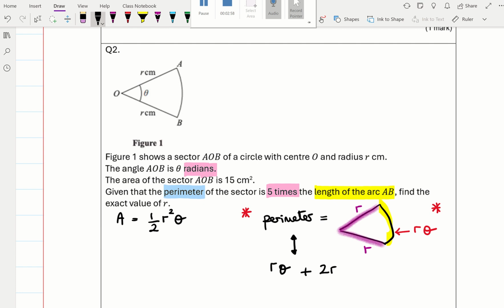And the perimeter equals 5 times the arc length, which is r theta. So r theta plus 2r, the perimeter, equals 5 times r theta, which I'm going to write as 5r theta. And the only number we have is the area of the sector. So the area is 15.